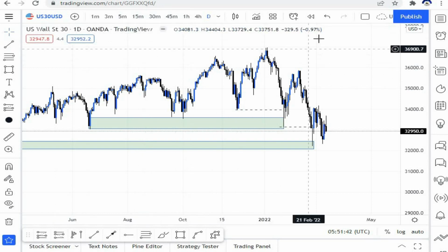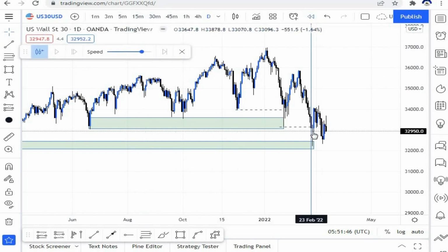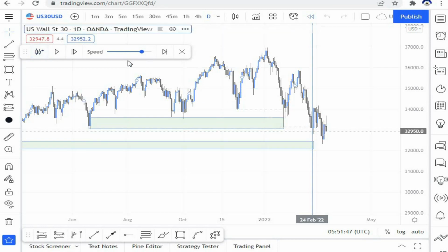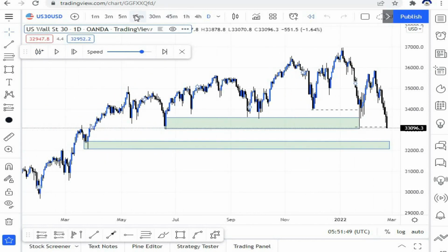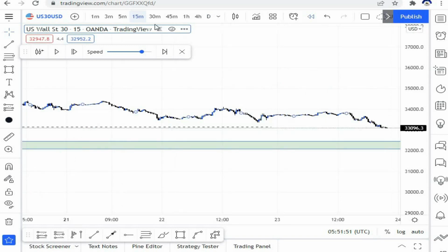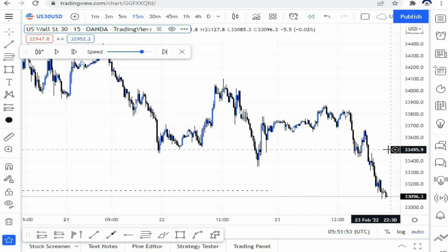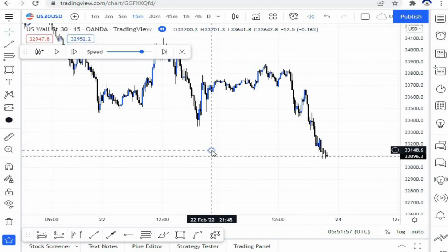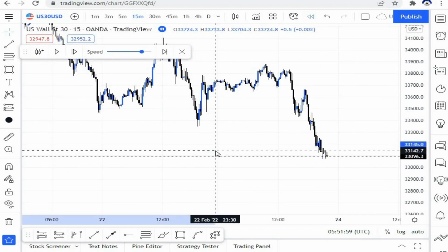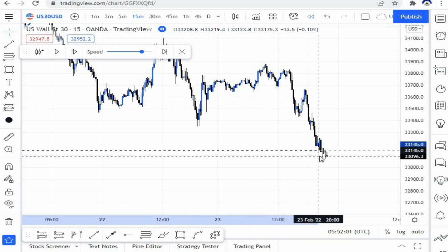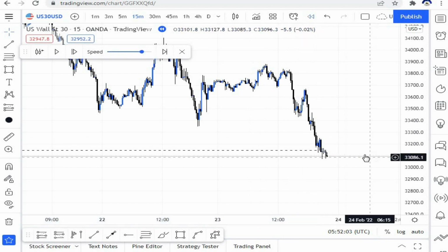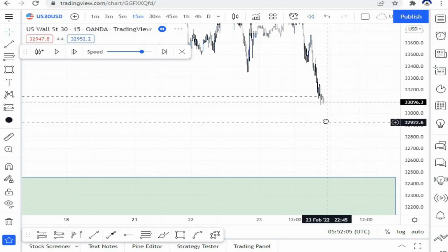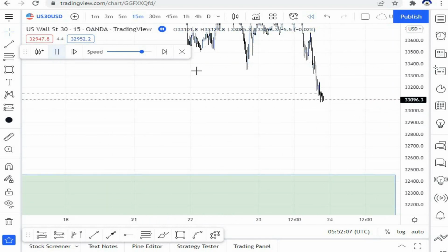So what we're going to do is cut this part here, then go into the smaller time frame. As you can see here guys, with this break of structure here, let's see what price will give us.